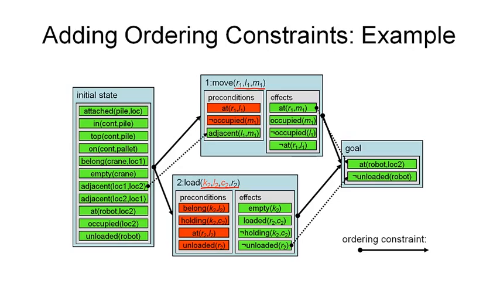Finally, you may notice that the values of these variables, the value of R1 and R2, must actually be the same value because this has to unify with robot and this has to unify with robot. So that means we're loading and moving the robot in parallel here, which will not work. And this can be resolved by adding yet another ordering constraint to this plan, namely doing the loading before we move the robot. And that's it. Adding ordering constraints was our final plan refinement operation.